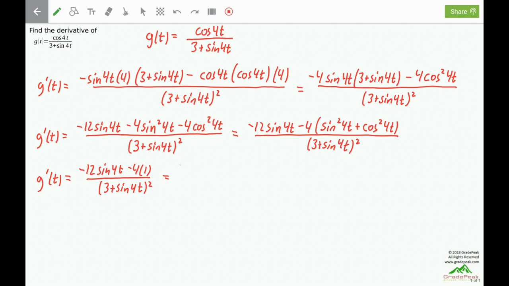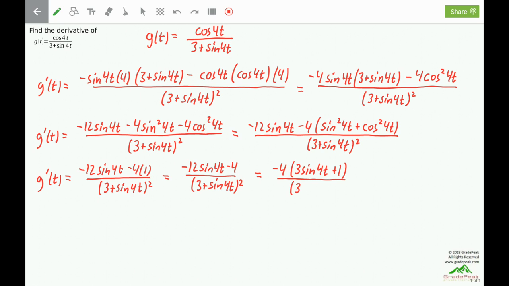We will be able to factor this a little further, so let me write this result for now, but it looks like we have a common factor of a negative 4 in the numerator. And if I factor a negative 4 out, that'll leave us with a positive 3 sine of 4t, and then plus 1.